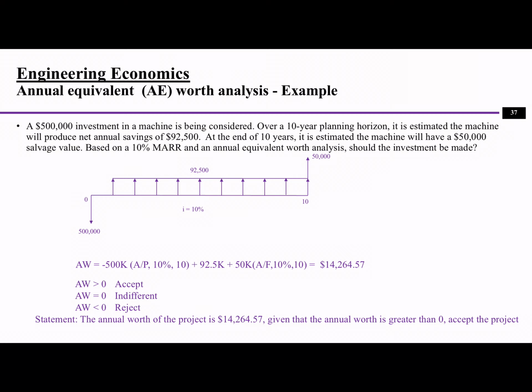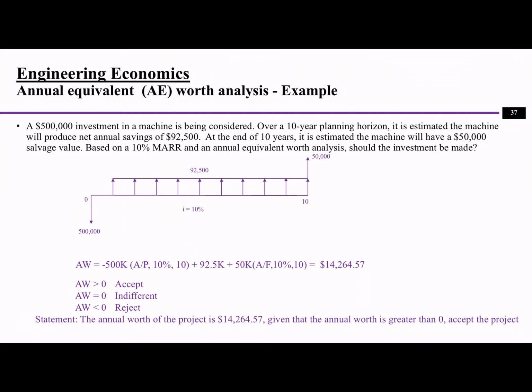At the end of the 10 years, it is estimated that the machine will have $50,000 of salvage value. Based on a 10% MARR and an annual equivalent worth analysis, should the investment be made? We use 10% MARR as the interest rate.